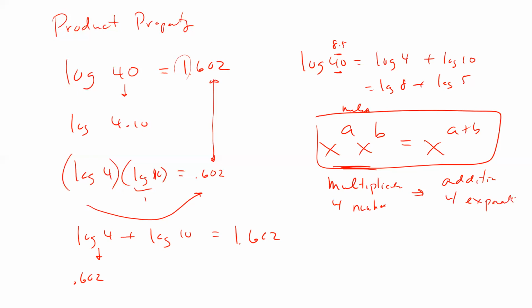Can you write a little rule here? So this is the product property. It says this: log base a of u times v is log base a of u plus log base a of v.